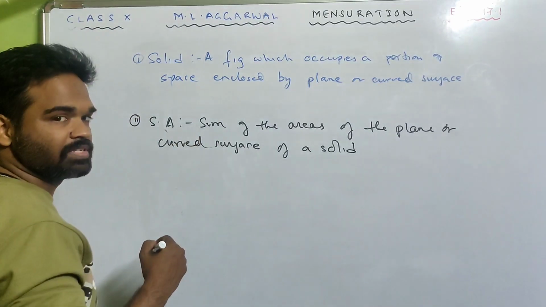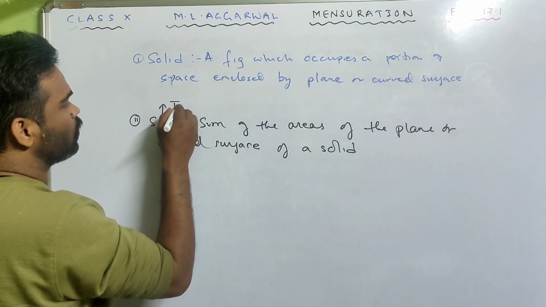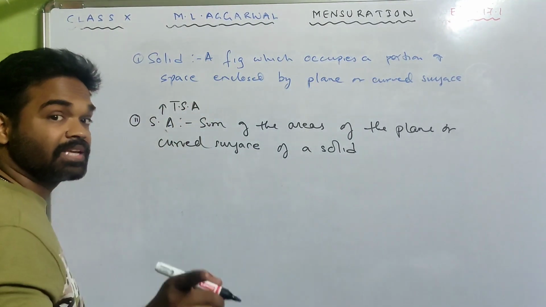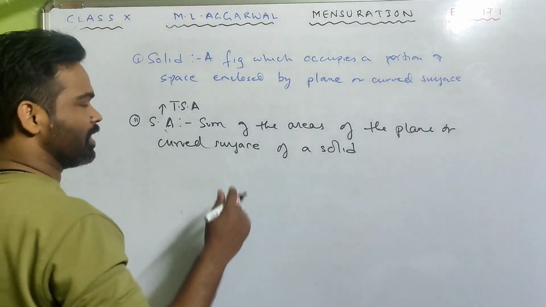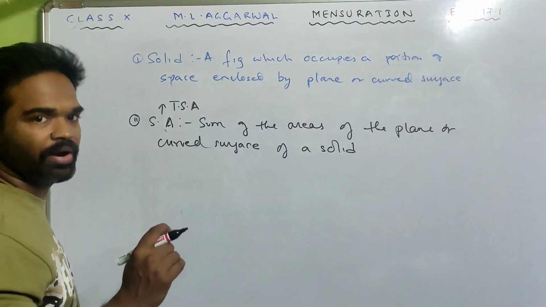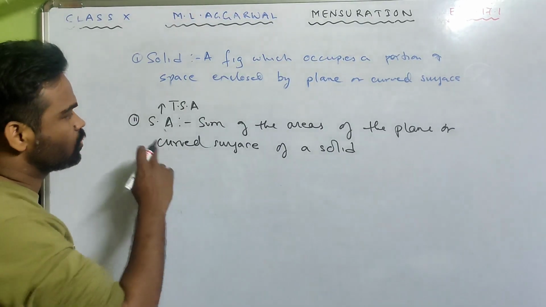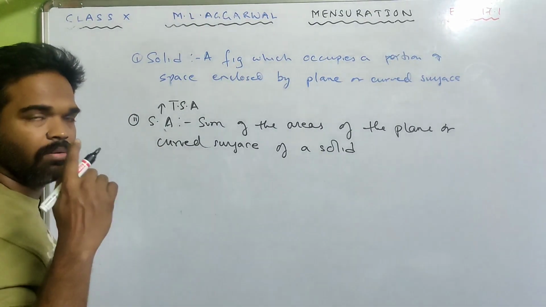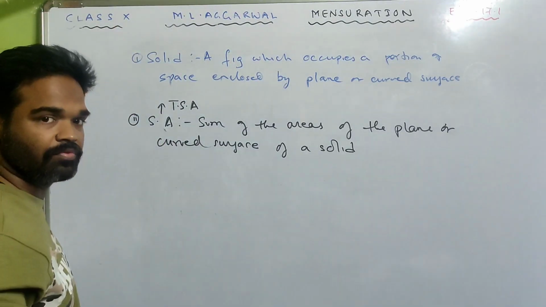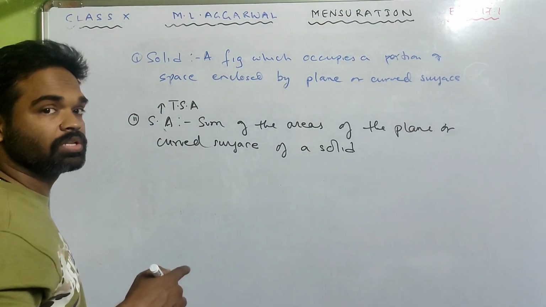That is known as surface area. Surface area or total surface area means the same thing. For example, if you talk about the cuboid, the room in which I am standing, this is a cuboid, okay? So total surface area is area of the four walls plus area of the top and area of the floor. That is the total surface area.